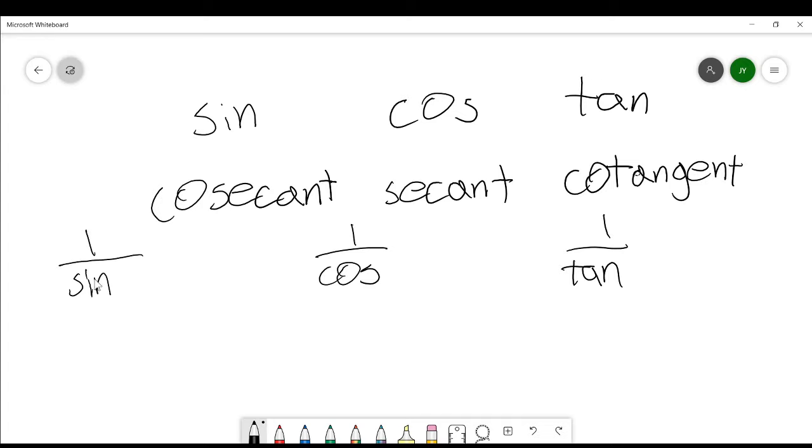All right, so for these, essentially, most of the time you just interpret these as the reciprocal of sine. Last time, sine and sine to the minus 1 were the inverses, but these are now the reciprocals.